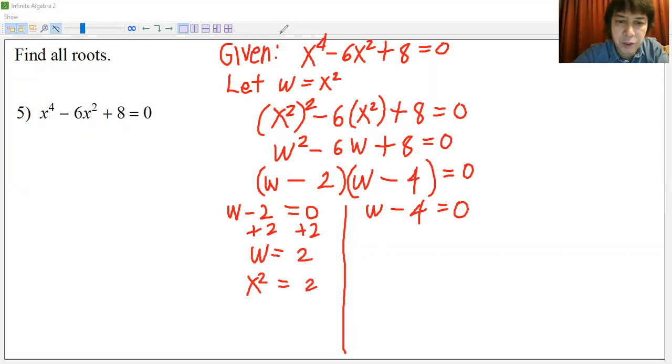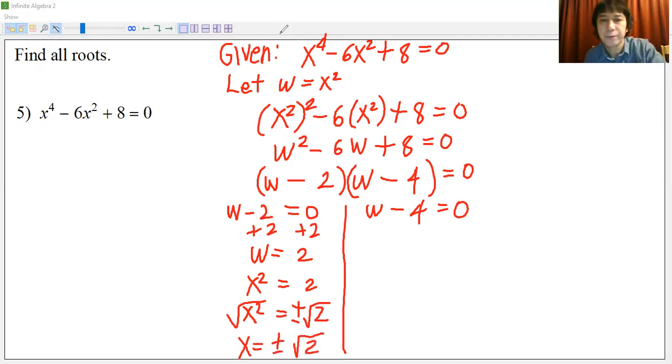And then extracting the square root, get the square root of both sides. This will be plus or minus square root of 2. And x is equal to plus or minus square root of 2. Okay, proceeding to the other one, w minus 4 is equal to 0.